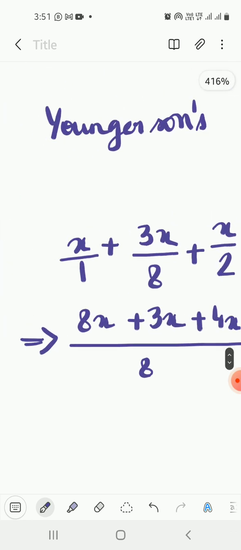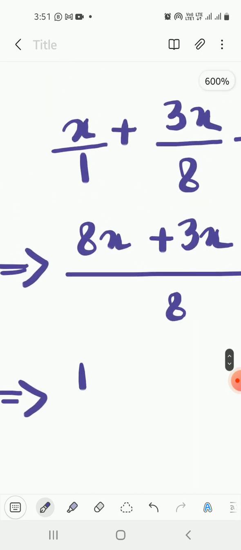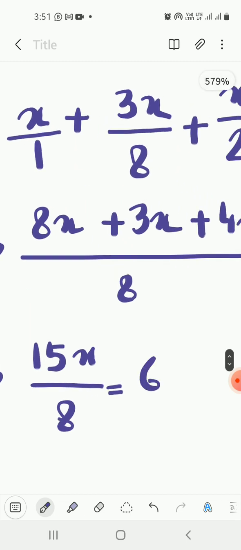Now we are going to solve this. 8 plus 3, 11, plus 4, 15x. So 15x by 8 is 60,000.